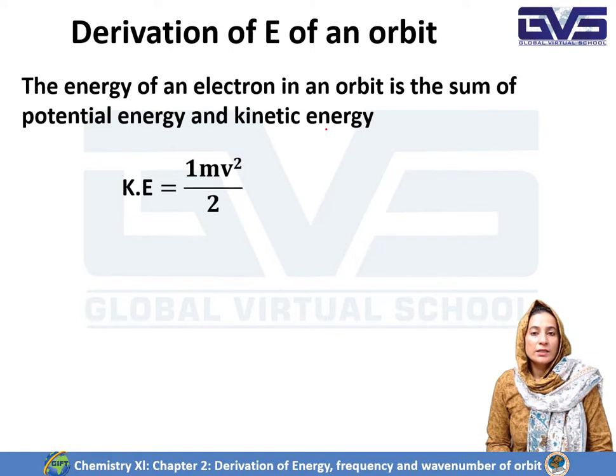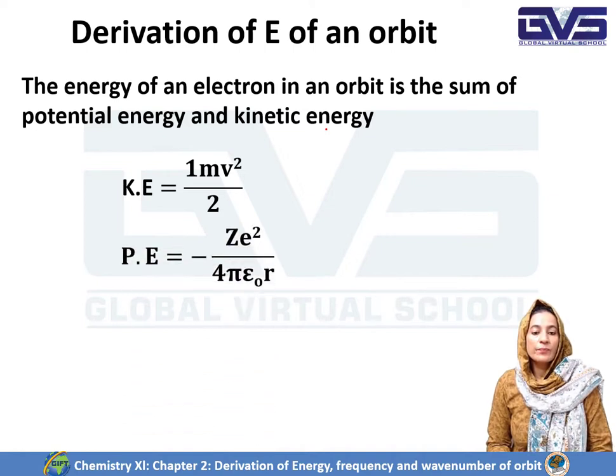Kinetic energy is half mv square, where m is the mass of the electron and v is the velocity, and potential energy is minus ze square divided by 4 pi epsilon r, where z is the atomic number, e is the charge on the electron, pi is a constant, epsilon is again a constant, and r is the radius.